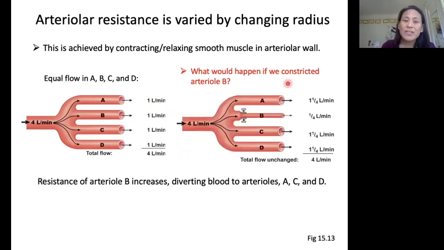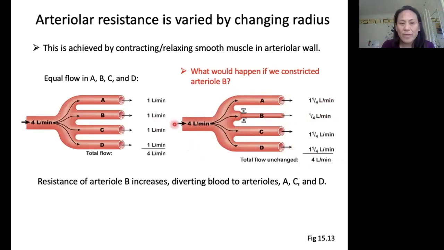If we constrict arteriole B, in essence, we're increasing the resistance there, which is going to decrease the flow. So we decrease the flow going through B, and as a result, we end up redirecting blood through A, C, and D. Again, you don't really need to pay attention to the actual calculations and numbers here, but I do want to make the point that you are still getting the same total flow.